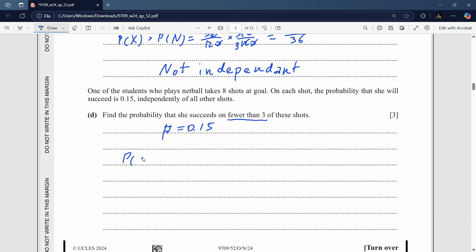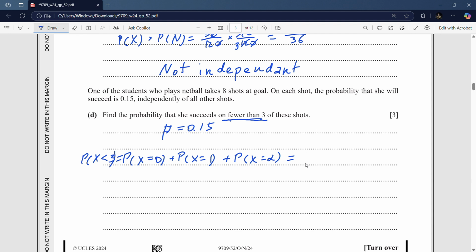First, none of the shots succeed; second, only one shot succeeds; or third, 2 shots succeed, and their sum gives us this. So probability of x less than 3 equals the sum of these.